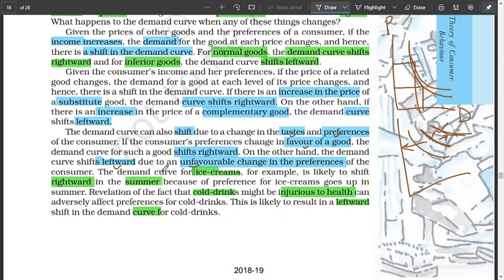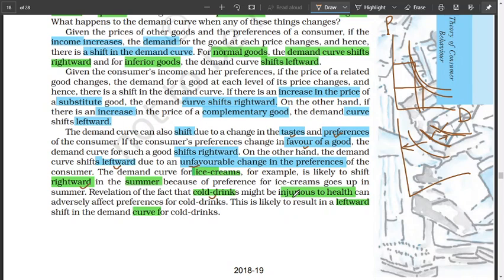The example given here is the case of ice cream in summer, because it's hot, so you tend to buy more. It will shift to the right. A cold drink is cold, and even during summer when it's hot, you want to have cold drinks.